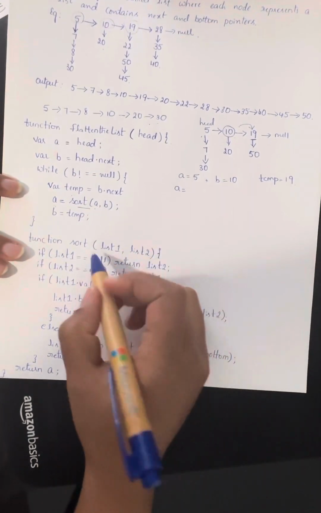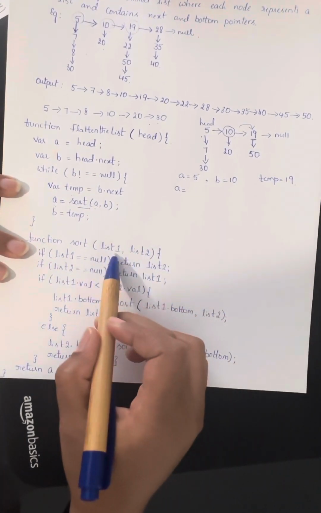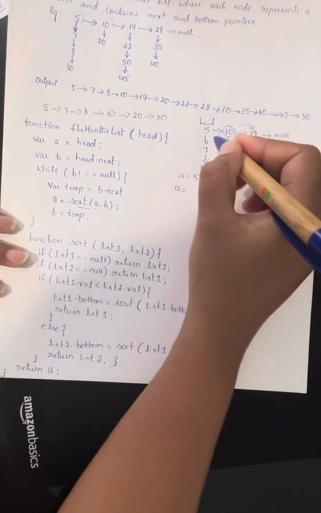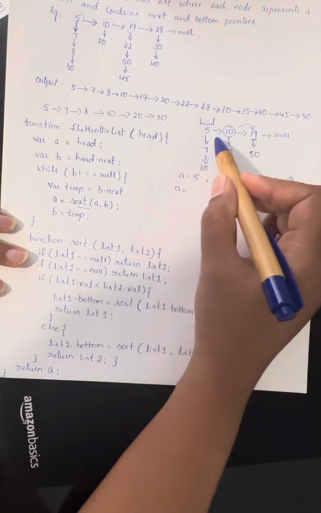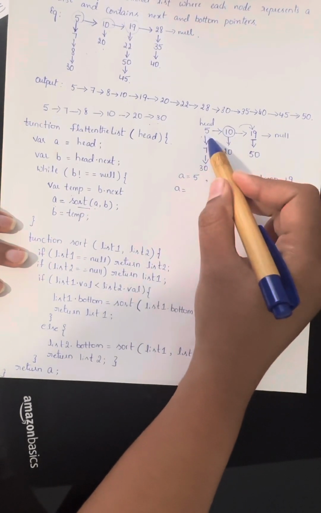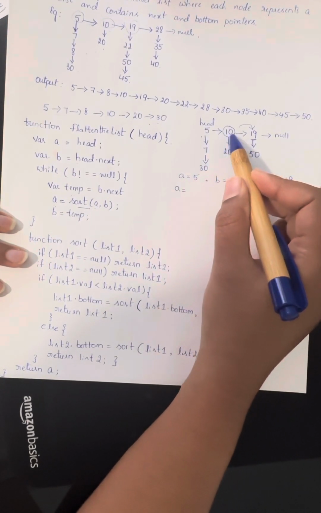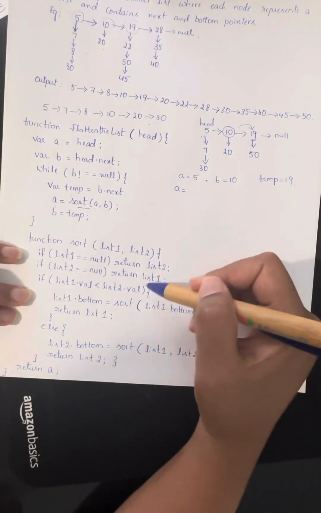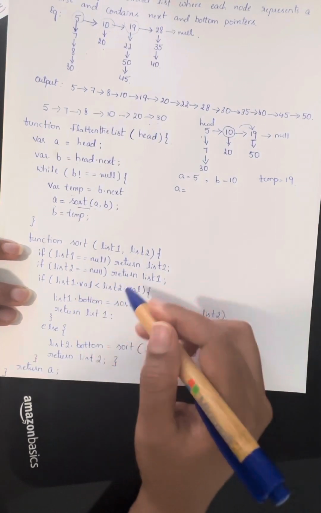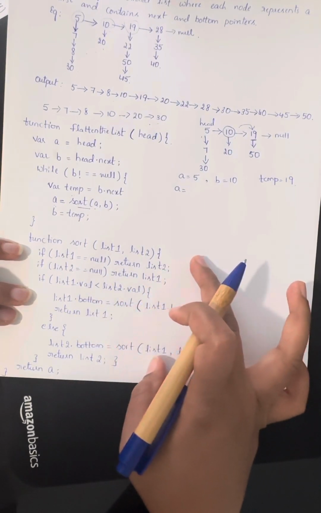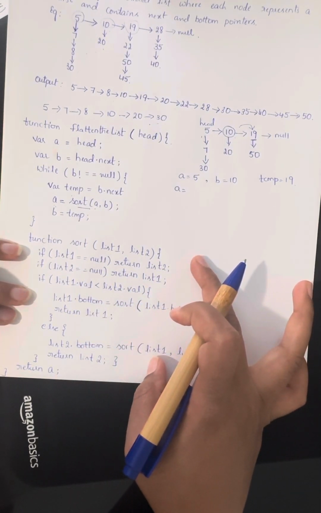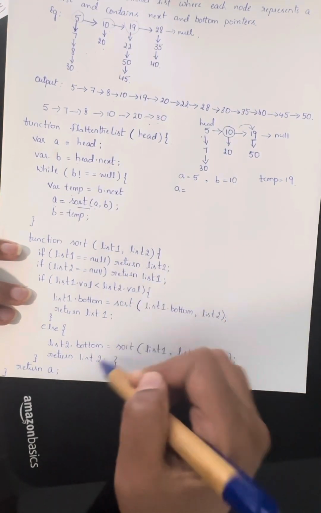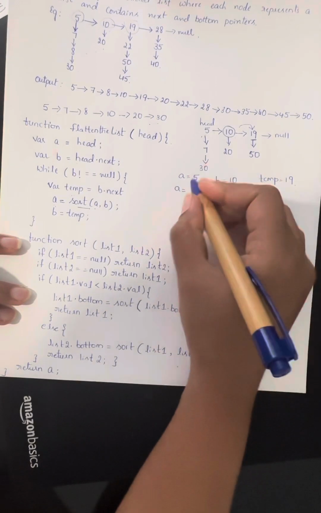So we go to this sort function where we have two lists: one from node 5, and another list from node 10. Here we'll get the result. This is the same code as the previous problem, so that is the reason I'm not explaining this sorting, which is a merging.